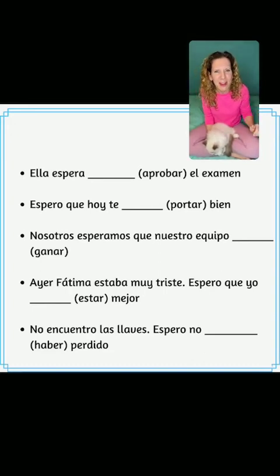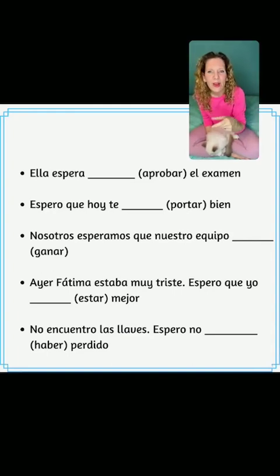Well, this one, okay, is las. Muy bien. Perfect, Jennifer, but we have to put it the other way. So, espero no haberlas perdido. Okay, so espero no haberlas perdido, okay?